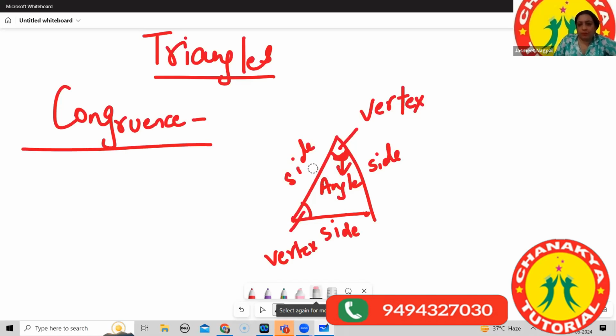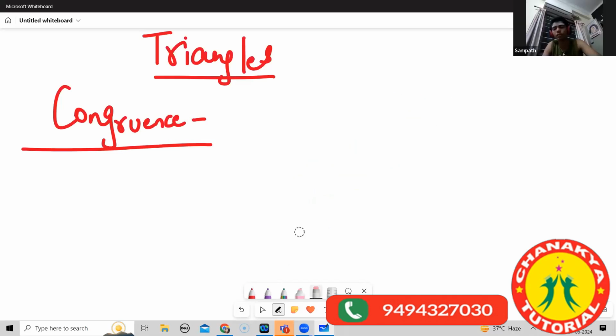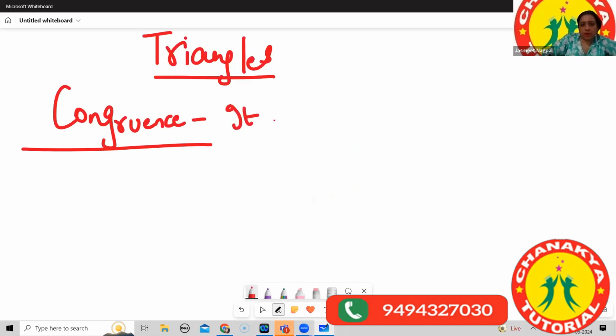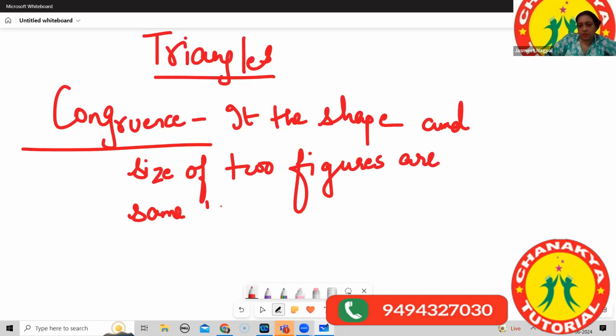If the shape and size of two figures are the same, these are called congruent.